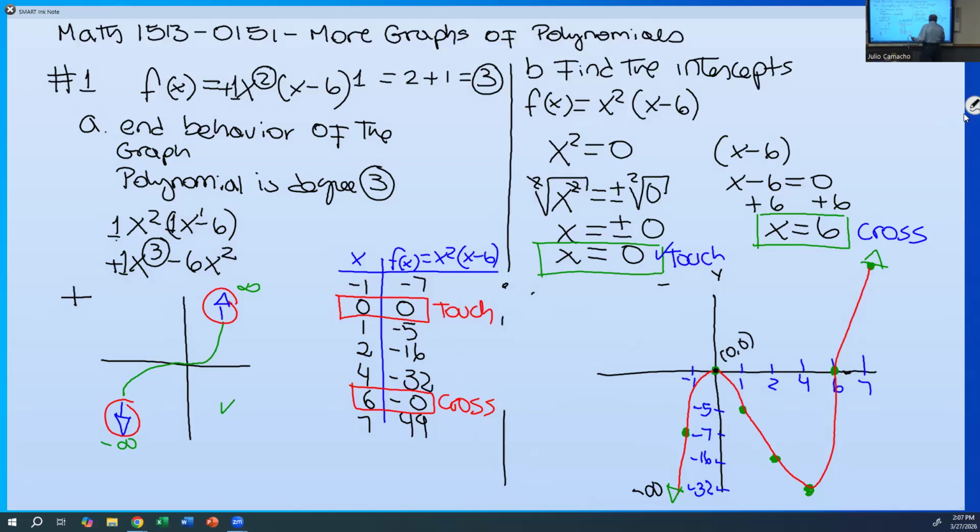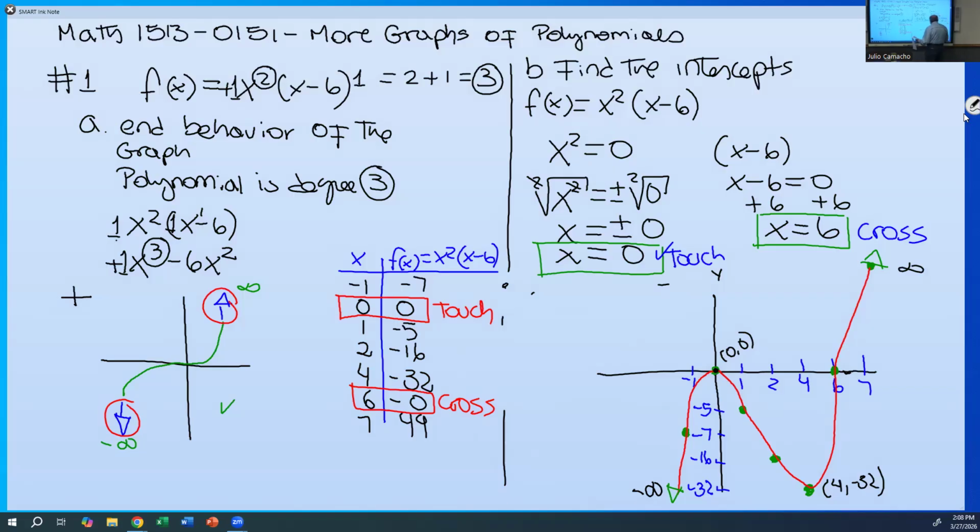And then from 0, 0 it begins to decrease and goes down until 4, -32, it is decreasing there. And then it's increasing up until it goes to infinity.